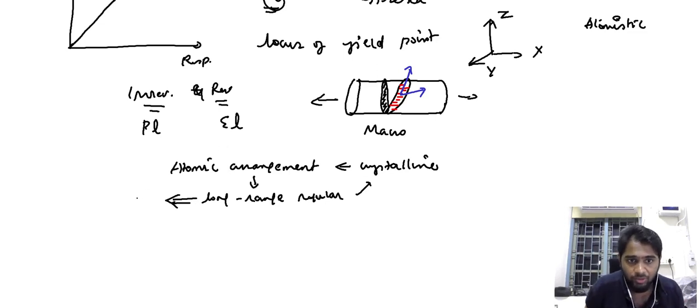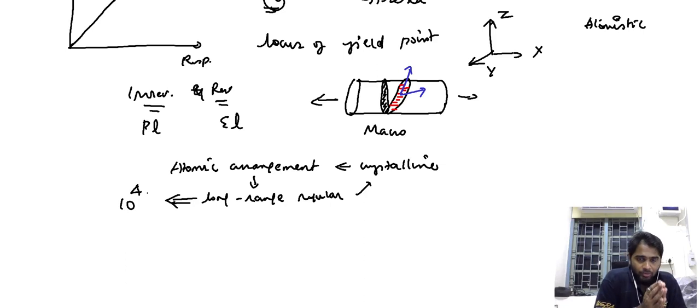So when your long range arrangement is of the order of 10 to the power 4, you have an arrangement of the atoms locally in the atomistic scale, and when this arrangement of the atoms extends to the range of 10 to the power 4, then such an arrangement we refer to as the crystalline arrangement.